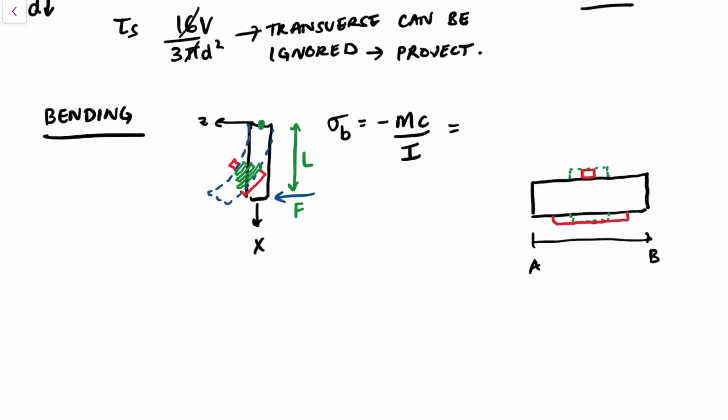This happens because you have a force that bends it this way, and that's basically the moment M. It's going to be maximum here at the top and the bottom, and it's going to be 0 along the neutral axis.